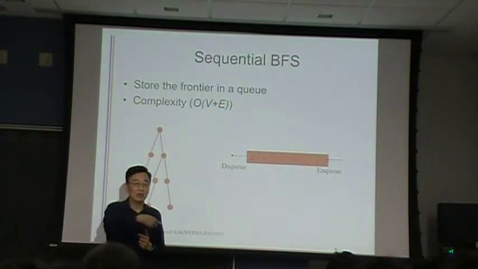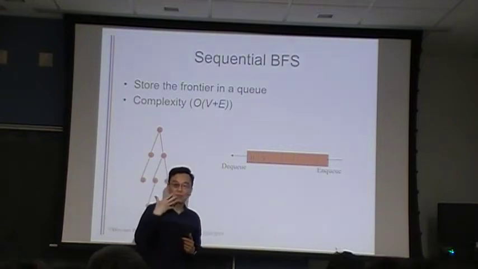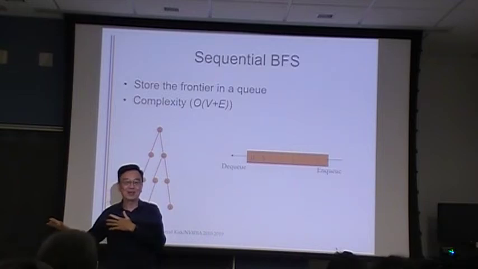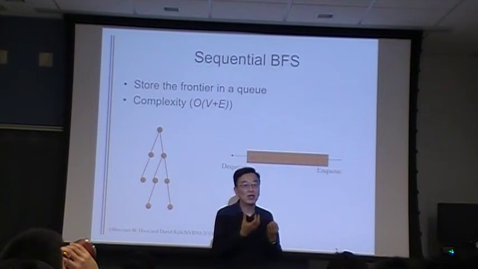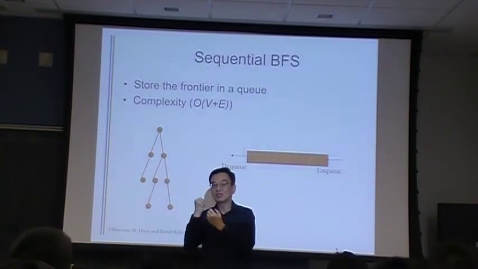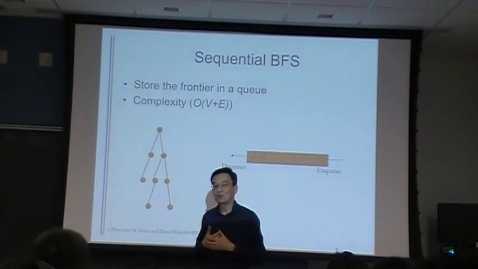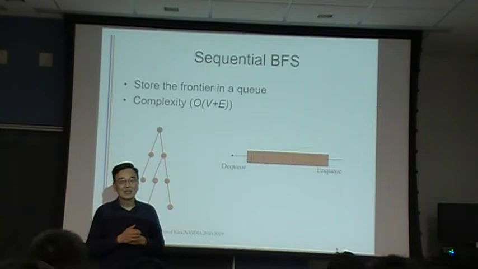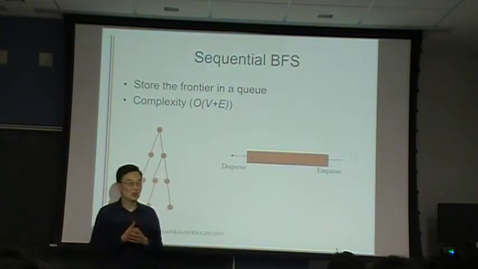But you will never process a node more than the edge number of times. That's why you can show that the complexity of the algorithm is bounded by the number of nodes plus the number of edges. Okay, and that's a typical proof that we asked you to do in 374. There's a good reason why we asked you to do those kinds of proofs.